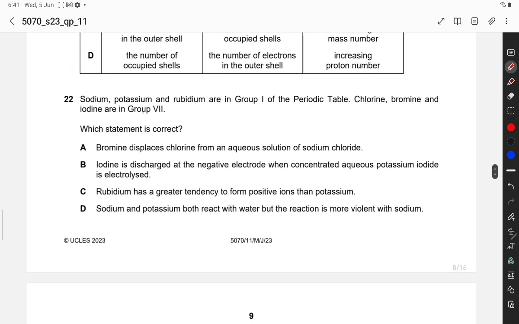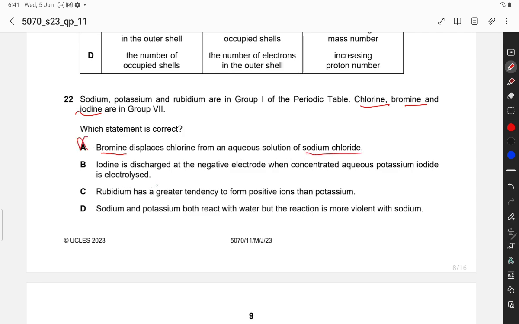Question number 22. Sodium, potassium and rubidium are in group 1 of the periodic table. Chlorine, bromine and iodine are in group 7. Which statement is correct? Bromine displaces chlorine from an aqueous solution of sodium chloride. It is incorrect, because bromine is less reactive than chlorine, so it cannot displace chlorine from an aqueous solution of sodium chloride.